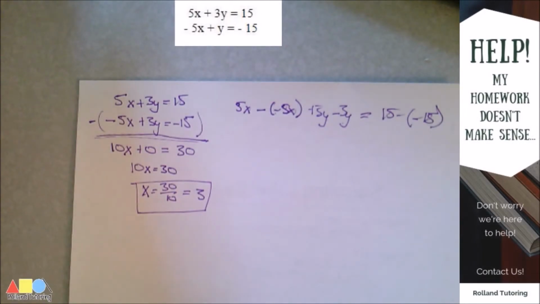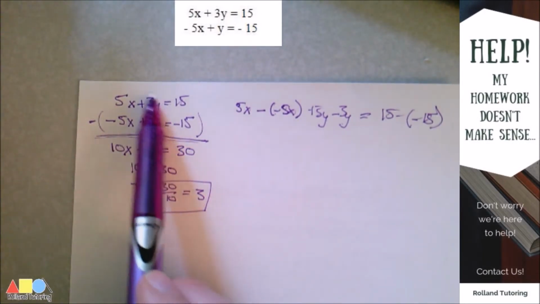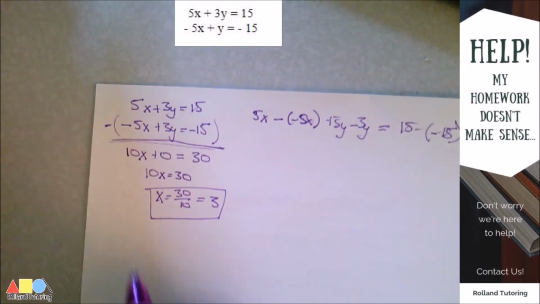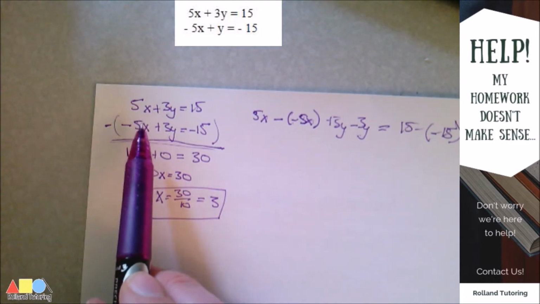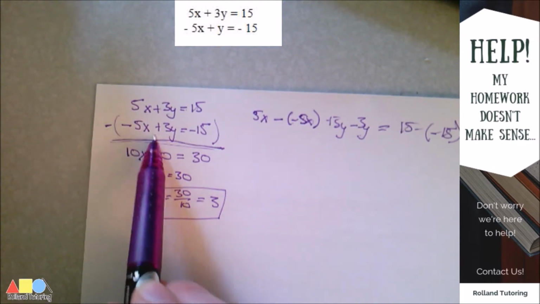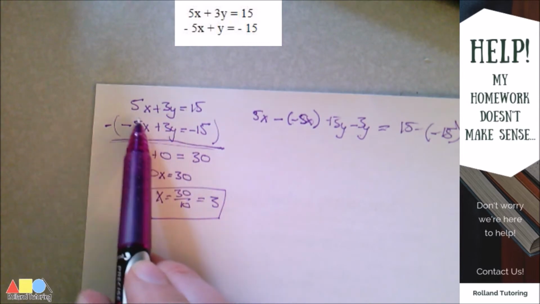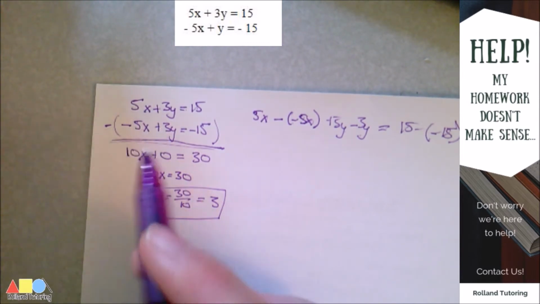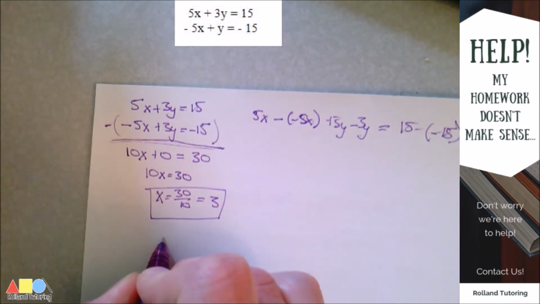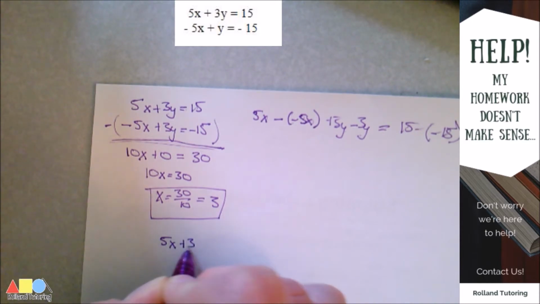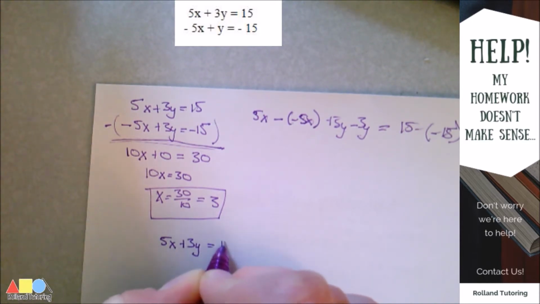All right, so once we have our x equals 3, we still have to figure out what our y is. We can plug that into either the first equation or the second equation. I'm going to pick the first just because I don't have a negative x to start with. So I will have 5x plus 3y equals 15.